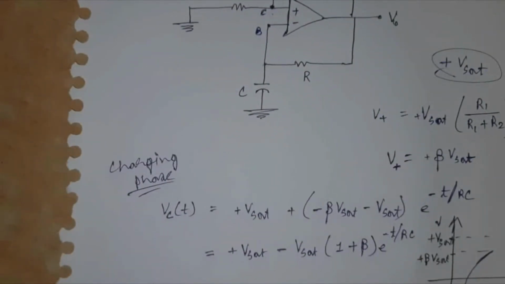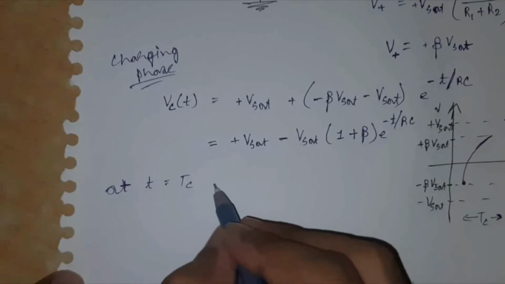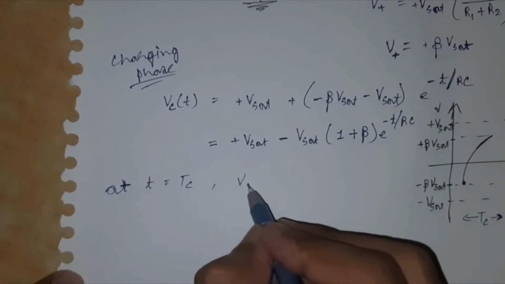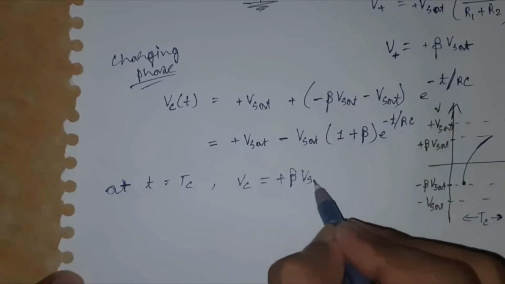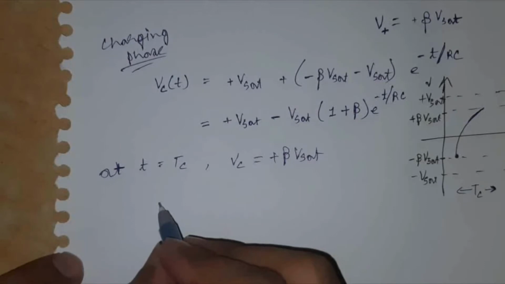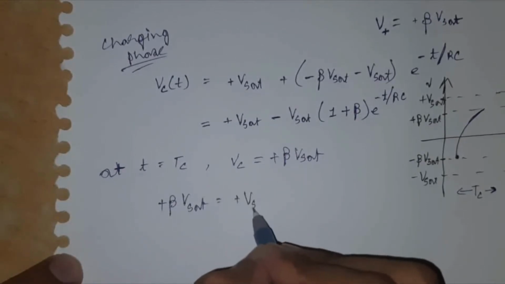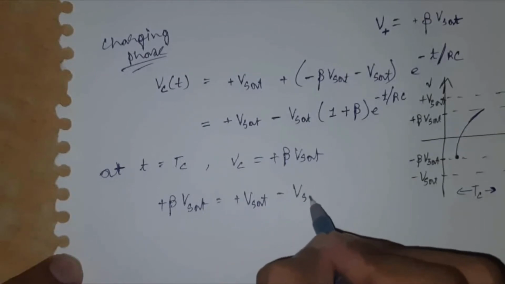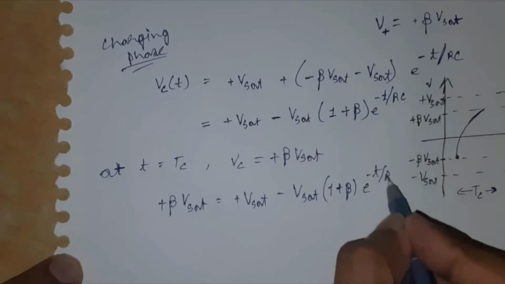I think you might have got the point. We have to find the time, that is, let us suppose at t is equal to TC, the VC reaches plus beta V sat. So plus beta V sat is equal to plus V sat minus V sat 1 plus beta e to the power minus t by RC.